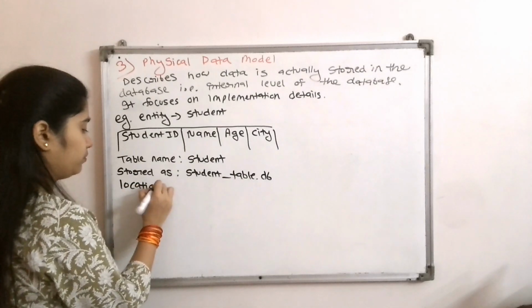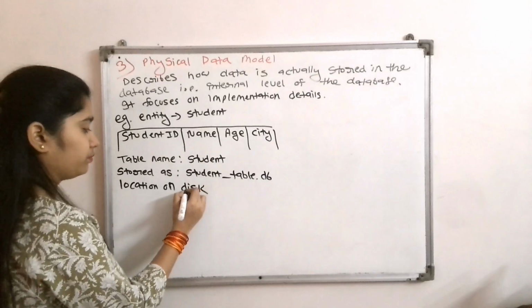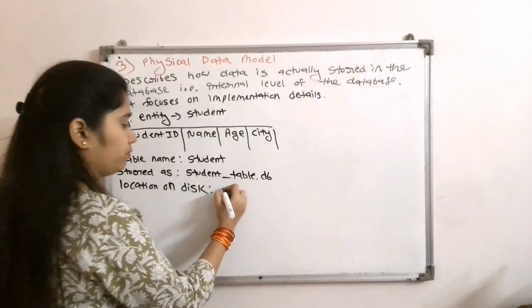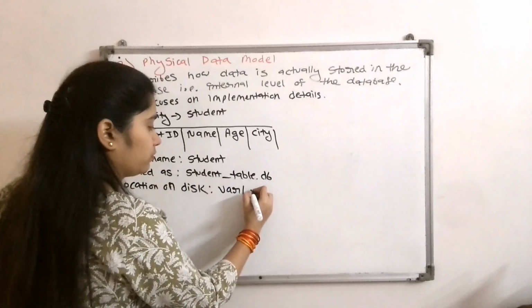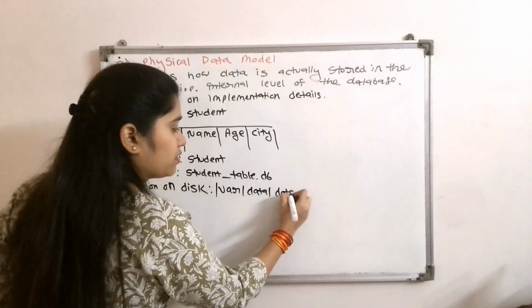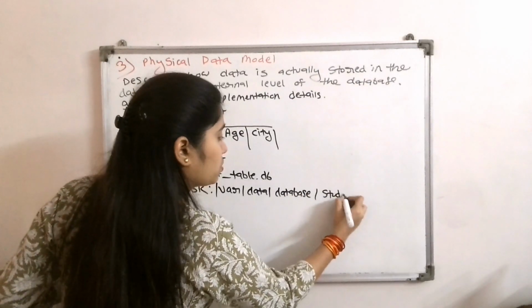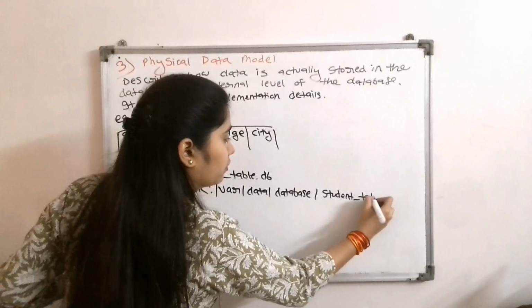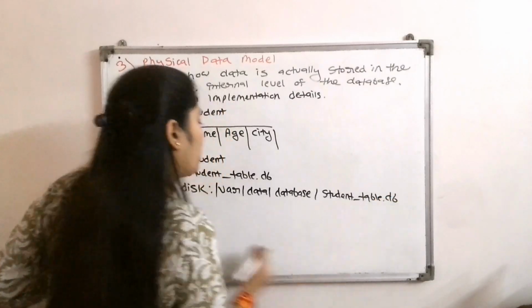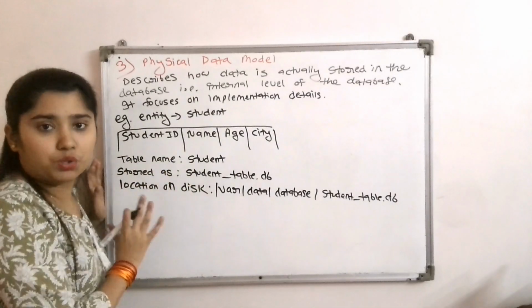Then the location on disk is, suppose, data/database/student_table.db. Suppose this is the location where our student table is stored.